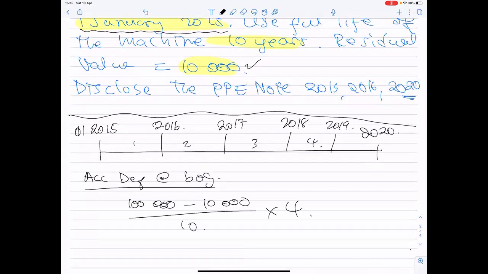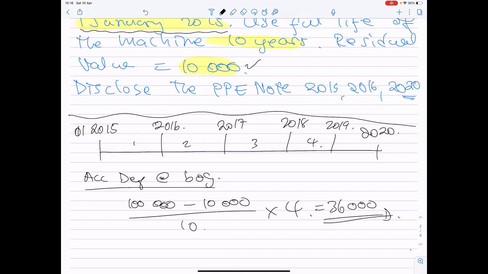So in this case, it is 100,000 minus 10,000, divided by 10, multiplied by 4, you get 36,000.